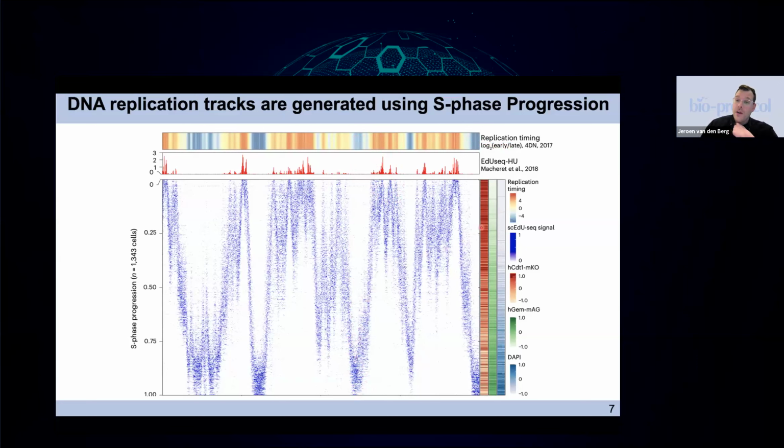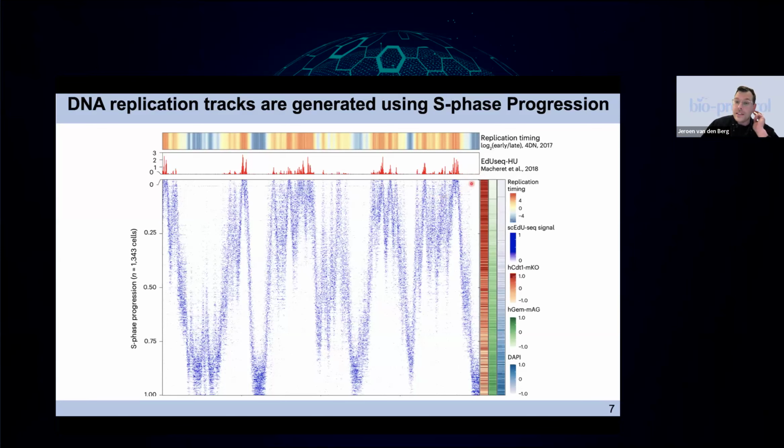Another method that another lab has pioneered is called EdU-seq HU. And what they do is add a very high concentration of a DNA replication inhibitor to synchronized cells. And what you then can see is that you only get the very first part of DNA replication, so the first 2 or 3% of DNA replication.